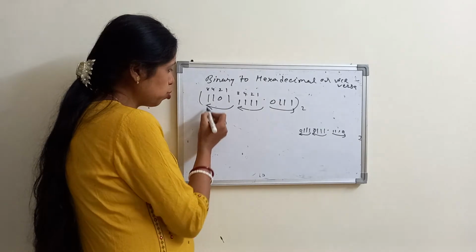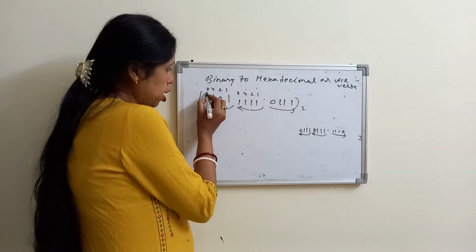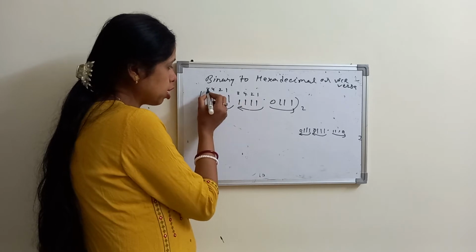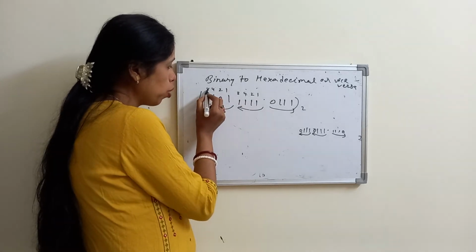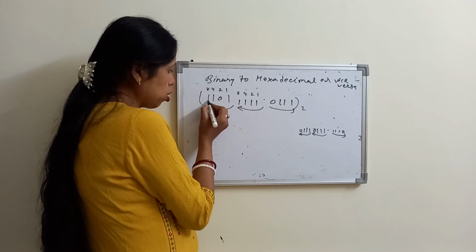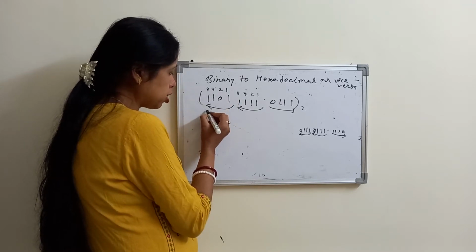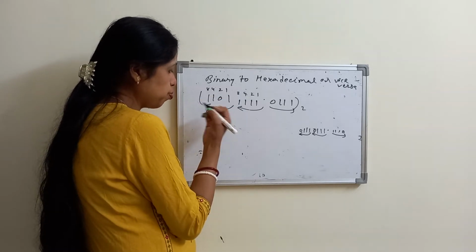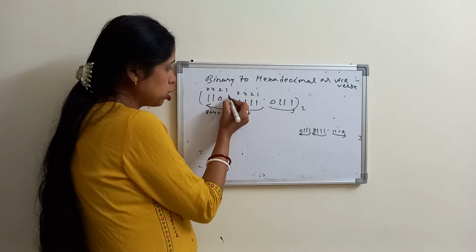So what do you have to do? Just add only the ones. The weightage of ones, these are called the weightage. You have to add the weightage of ones, not add the ones themselves. So the weightage of this one is 8, plus the weightage of this one is 4, plus the weightage of this one is 1.